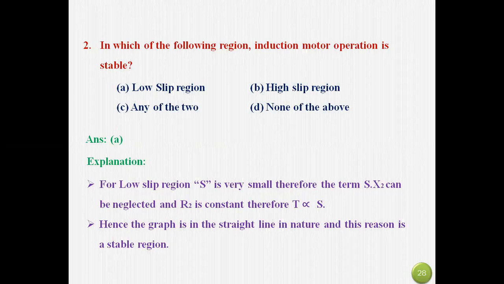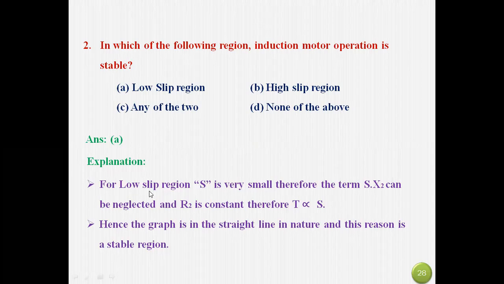If the value of slip is less, at that time the induction motor speed will be stable. So we can say for the low slip region, the value of slip is very small.